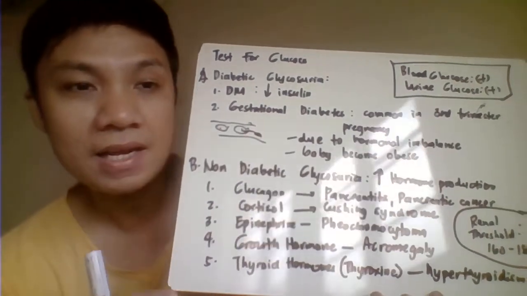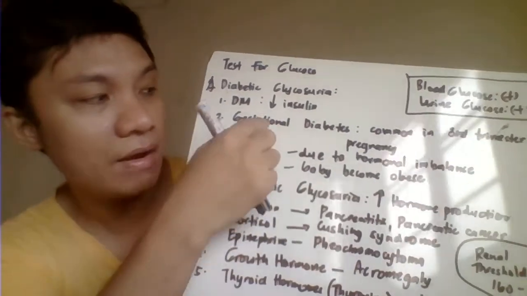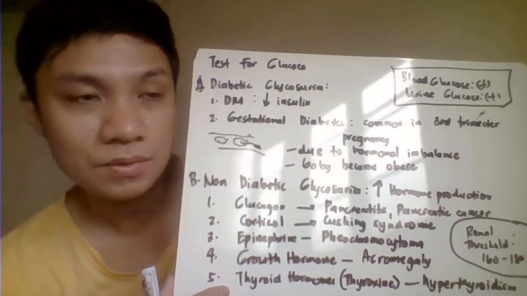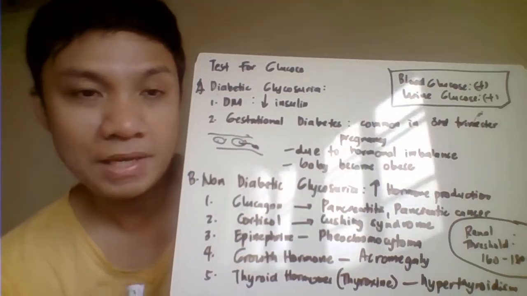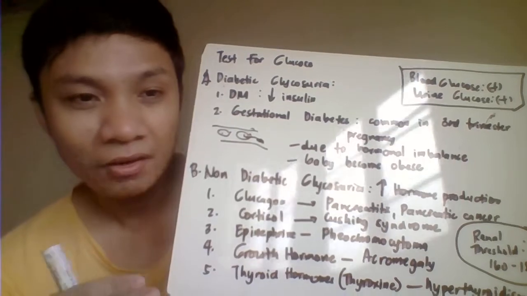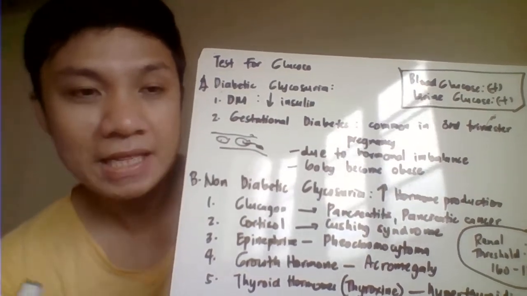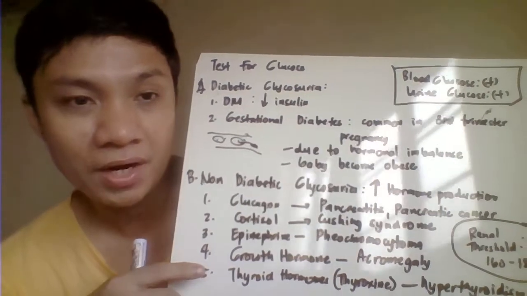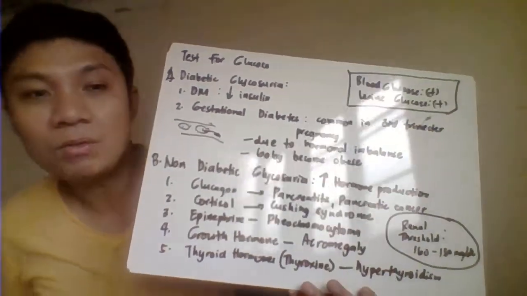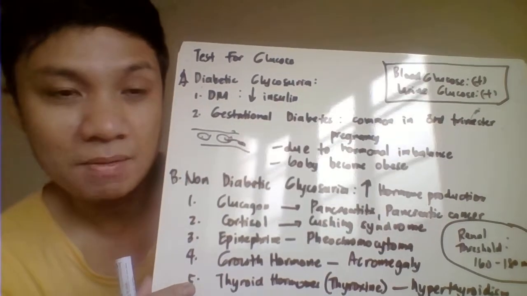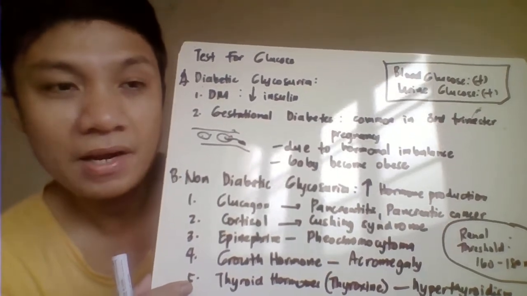As the blood contains very high glucose because of decreased insulin production in diabetes mellitus, the blood that is pumped by your heart to your kidney contains a high concentration of glucose. After that, the glucose will be filtered by your glomerulus, right?